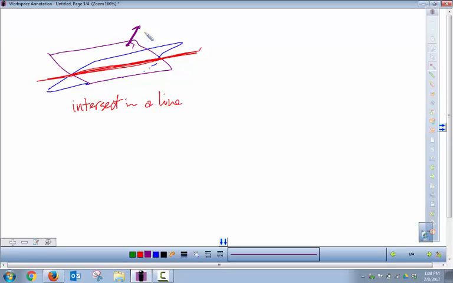So for now, let's take a look at the normal vector to each of these planes. Not necessarily.